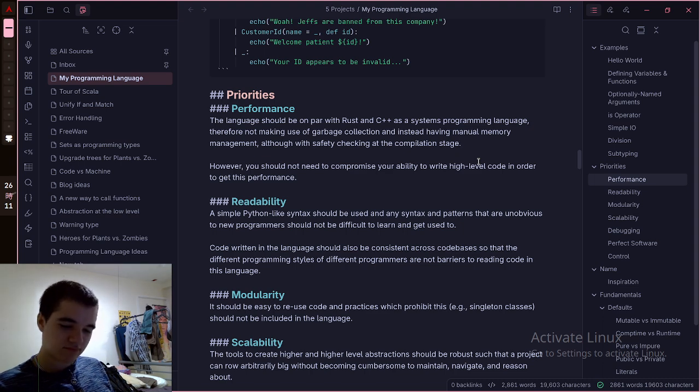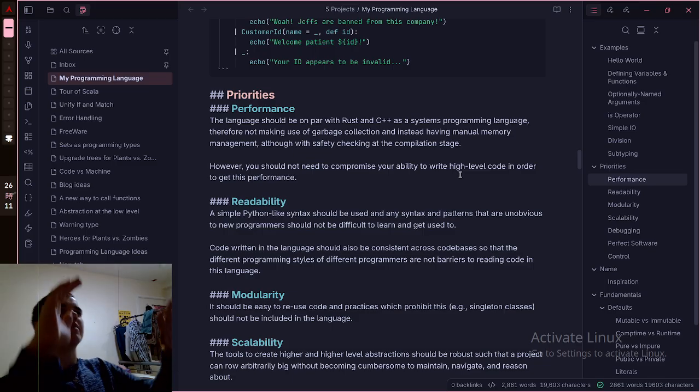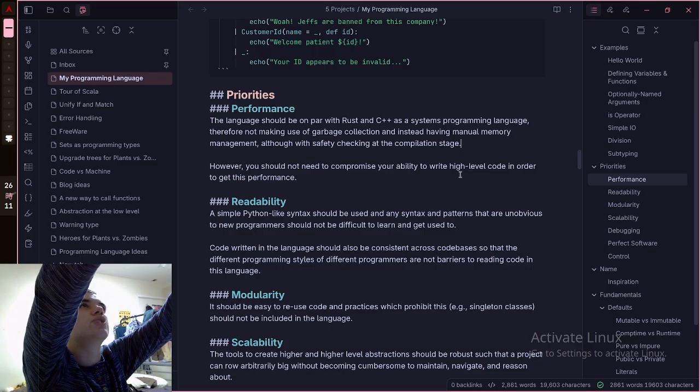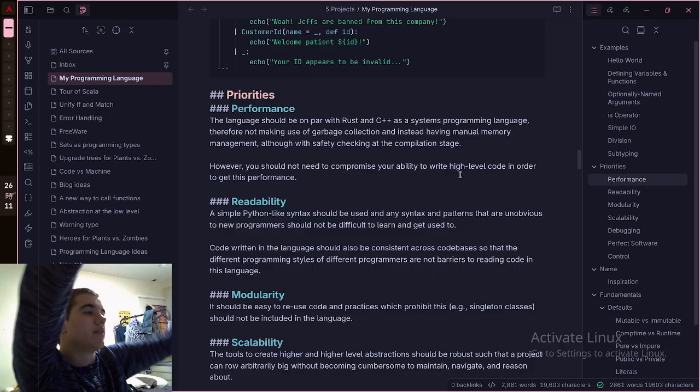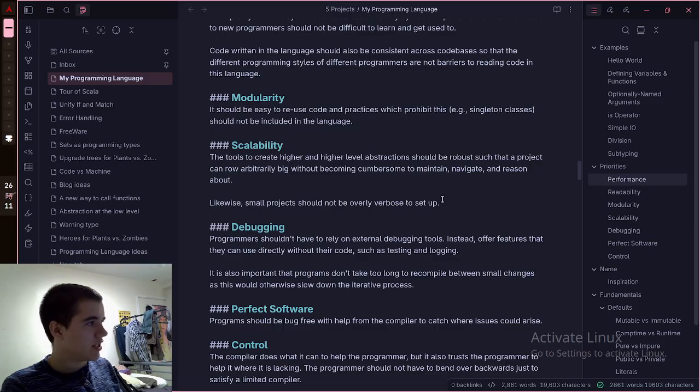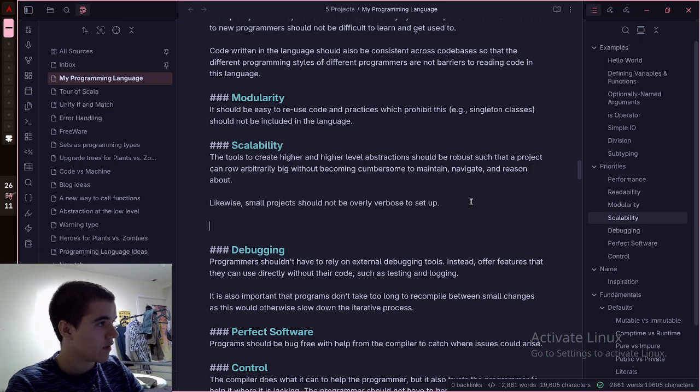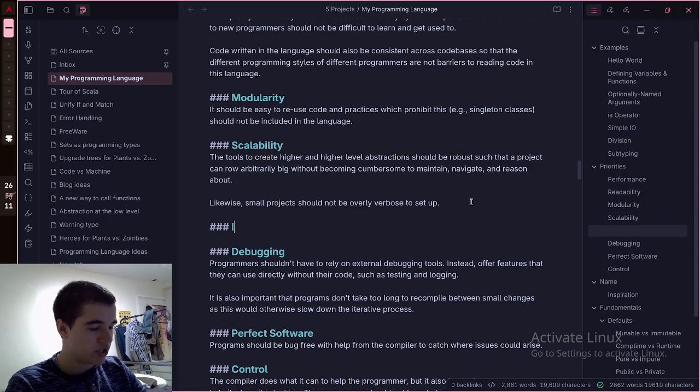Uncompromising. Simple. You know what? Actually, generally speaking, this language is united. I am missing a section here, which is intuition.